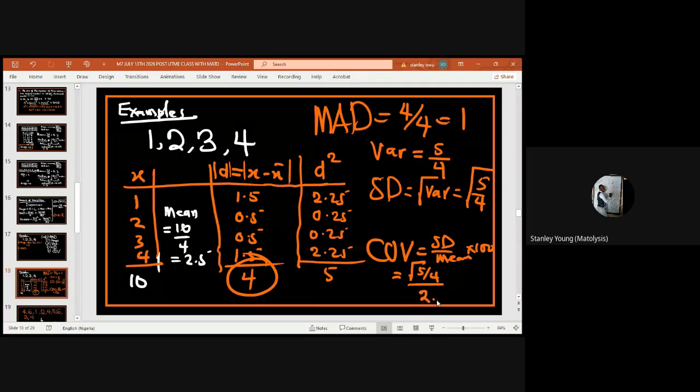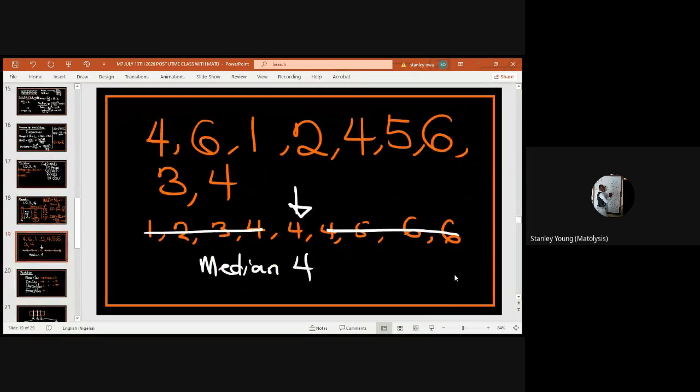Yeah, we got the mean as 2.5. Then times 100. This is how you find coefficient of variation. So I give you a task here for you to find the median, which you got as 4, which we did by first arranging them and finding the middle number.